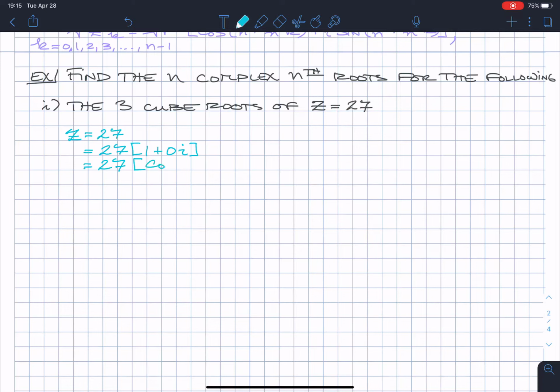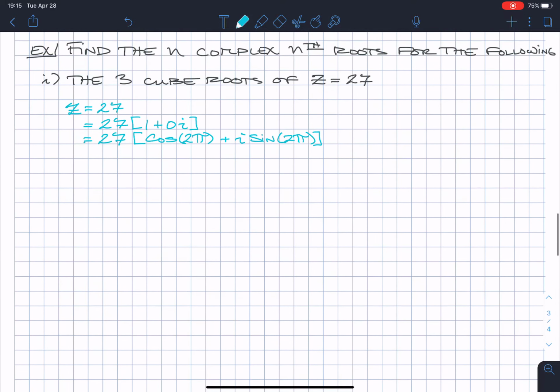Well, that would be cosine of 2 pi, or 0, plus i times sine of 2 pi, or 0. Might be easier to write it as 0, so let's do that. That'll make our lives easy to start with. So cosine of 0 radians plus i times sine of 0 radians.